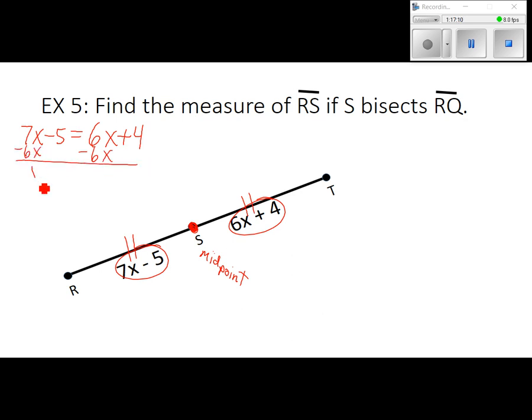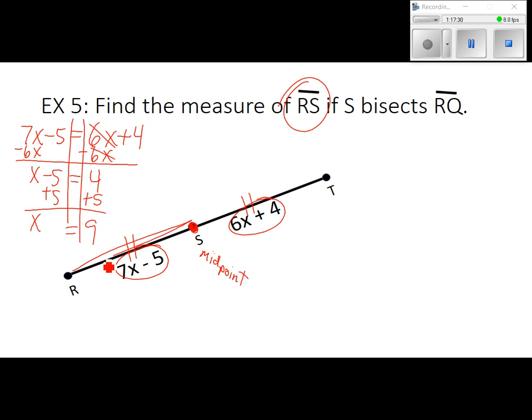End up with x minus 5 equals 4. Add 5 on both sides, you end up with x equals 9. They said find the measure of segment RS. RS is this segment. So we plug in 9 for x, so 7 times 9 minus 5. 7 times 9 is 63. Minus 5 is 58. So segment RS has a length of 58.